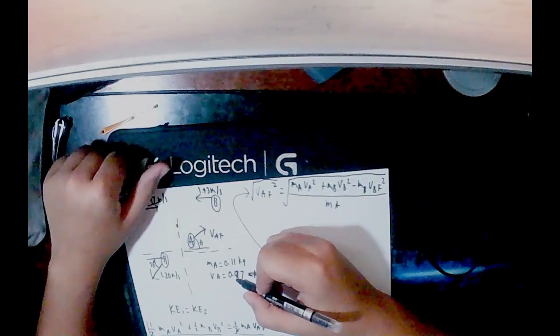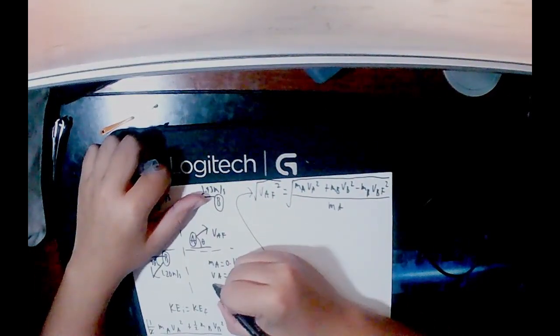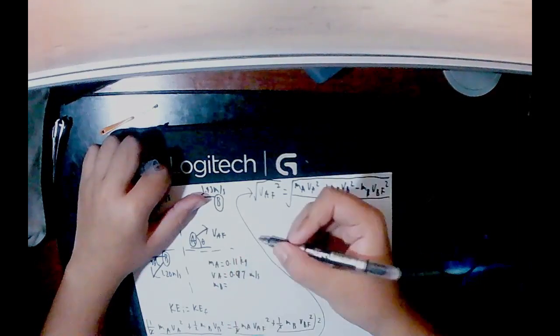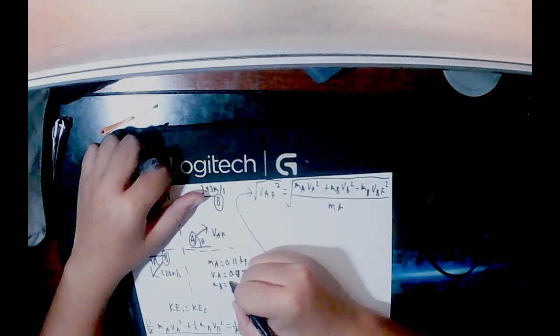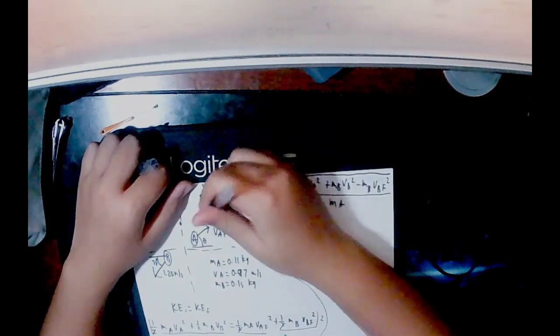Ang ating M sub B naman is equals to 0.15 kilograms. Ito siya.